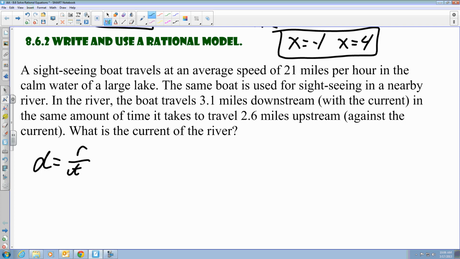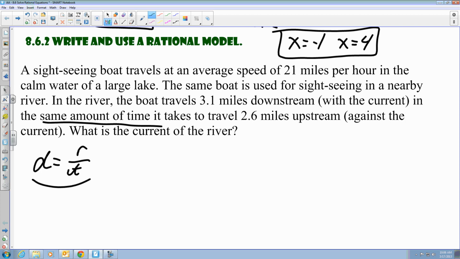The only thing that's the same is the time, because we don't know how much time it took. T is the only thing that's the same, because here we can say that it's in the same amount of time, right? So T has to be the same.